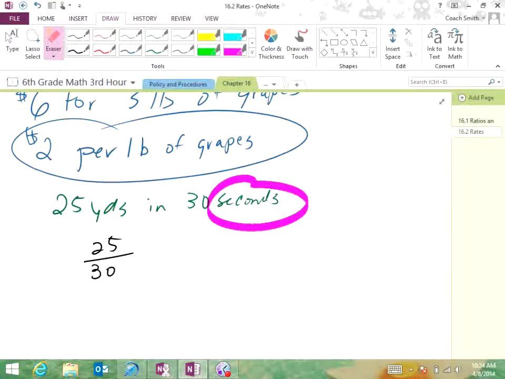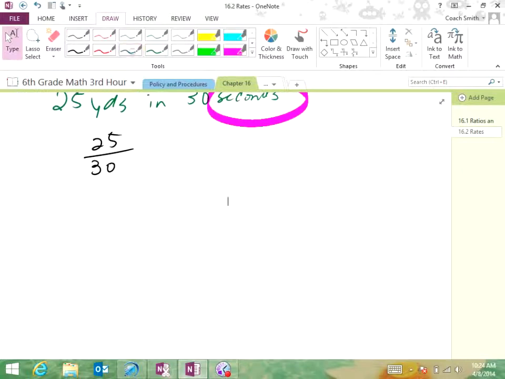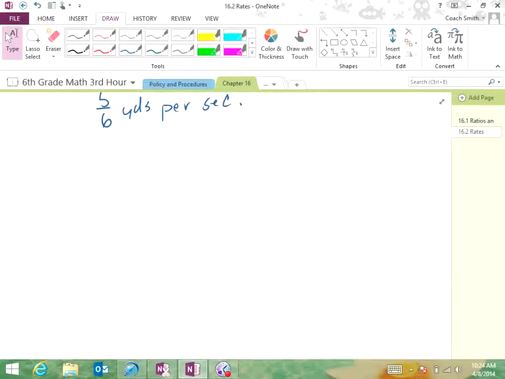Now, I believe they're going to want it as a fraction, so we don't have to put it in a decimal. So we just have 5/6 yards per second. We just reduced 25 over 30 by 5. 5 goes into 25 5 times. 5 goes into 30 6 times.